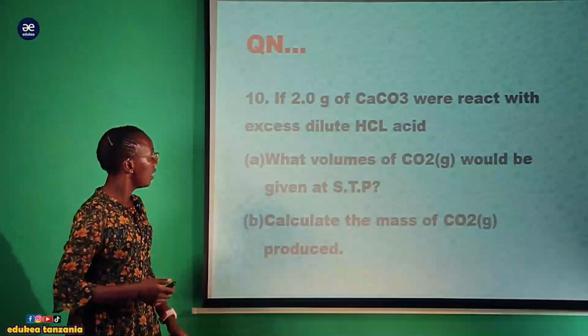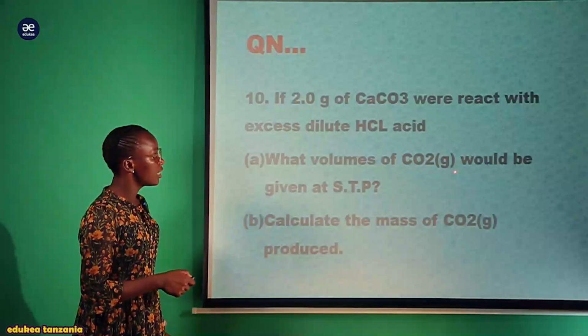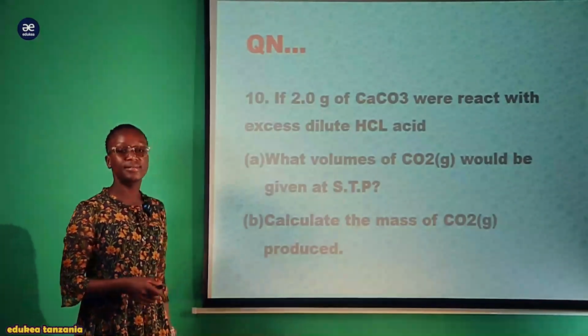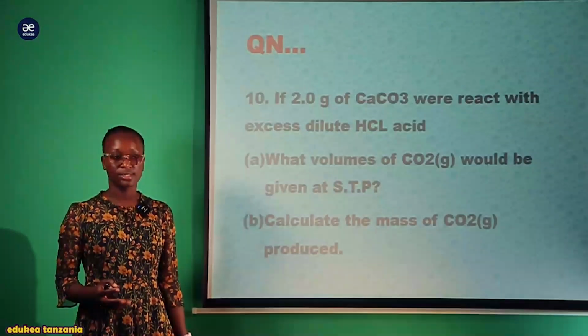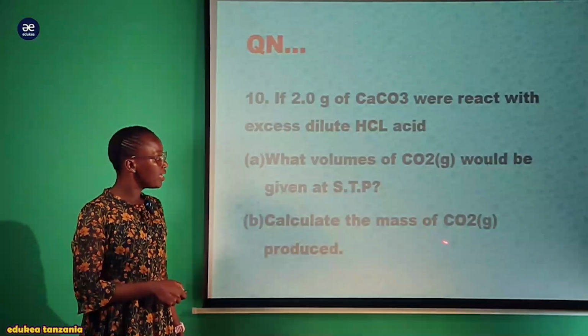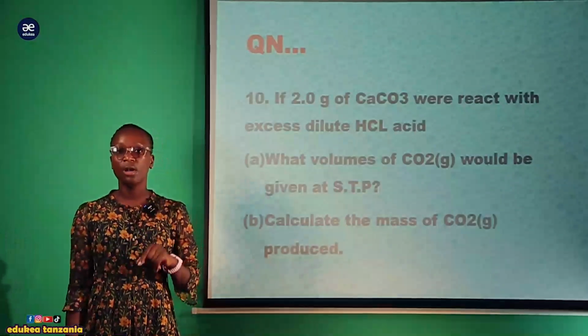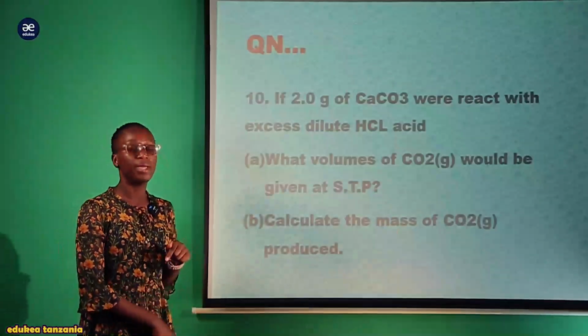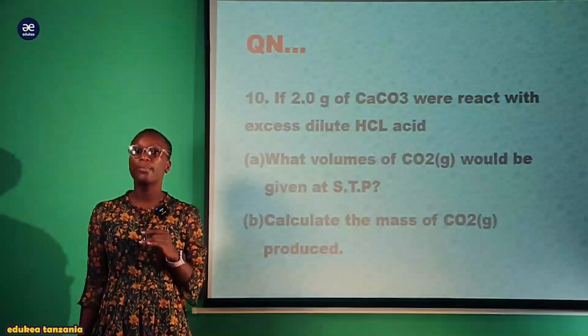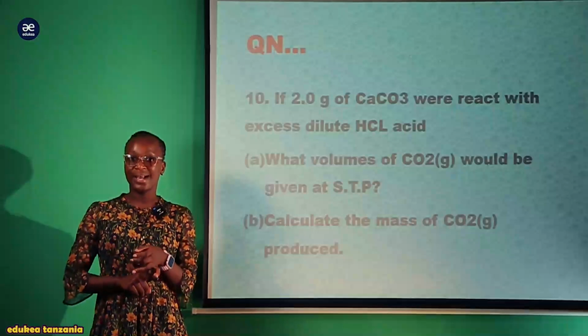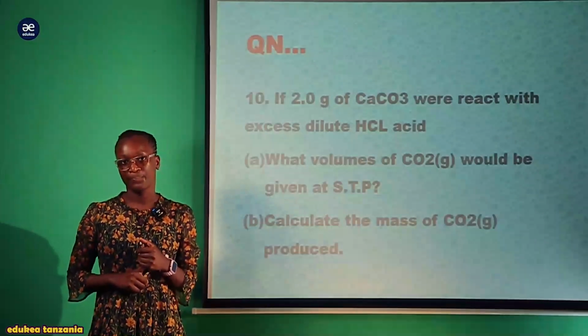Now question A: what volume of carbon dioxide gas would be given at STP? You have to calculate, but also calculate the mass of carbon dioxide gas produced. So you have to calculate the volume of carbon dioxide gas at STP, but also the mass produced wakati ukiwa na mass ya calcium carbonate ambayo ni 2 gram.